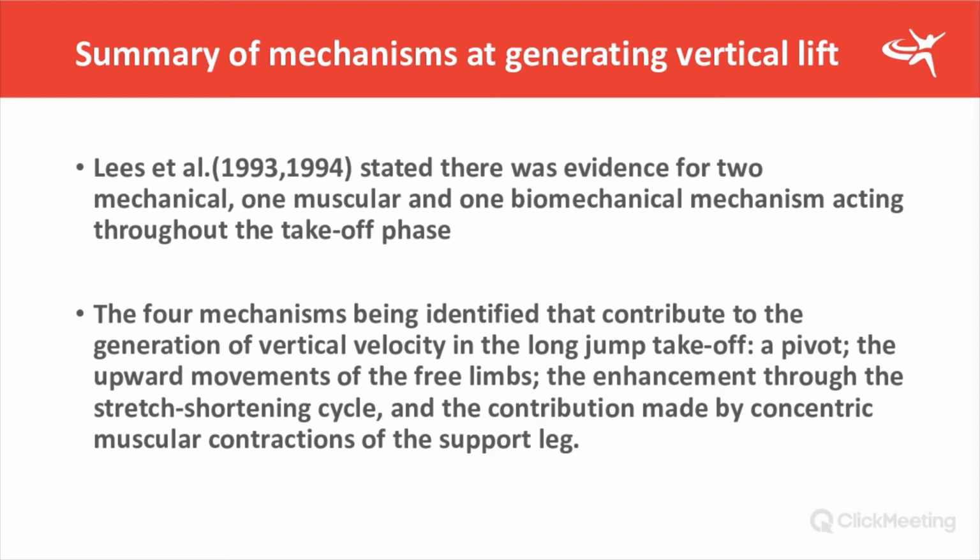We've got the enhancement through the stretch shortening cycle. So we're loading up the quads, the Achilles and the calves to generate that stretch, and then we get the energy return from using that stretch shortening cycle. And then at the end is the concentric action as the muscle shortens. So we get that muscular element.